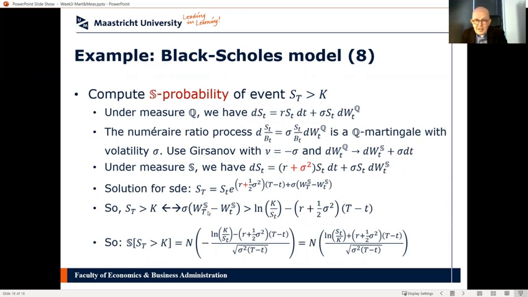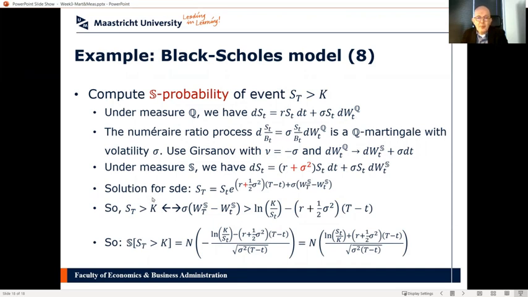And if I solve the SDE, I need to do this minus 1/2 sigma squared correction. If I start with minus 1/2 sigma squared and I add a full plus sigma squared, I end up with plus 1/2 sigma squared. So this is the solution of the stochastic differential equation of the stock price process under the S martingale measure.